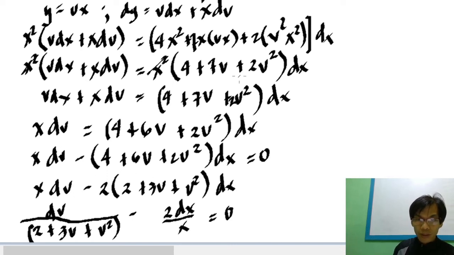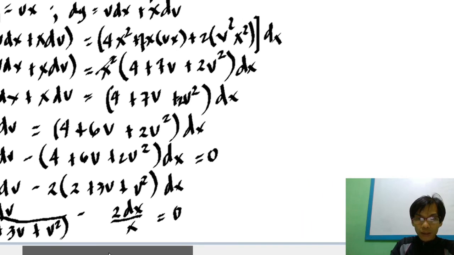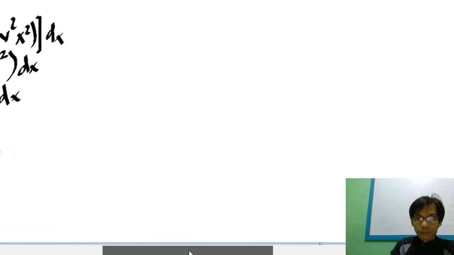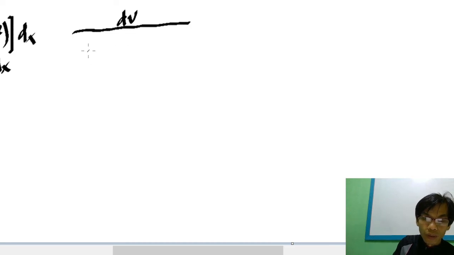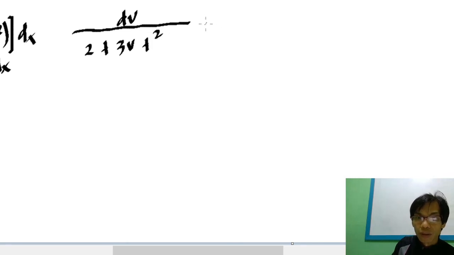Okay, so now what happened is that this particular problem is dv over 2 plus 3v plus v squared minus 2 dx over x is equal to 0.